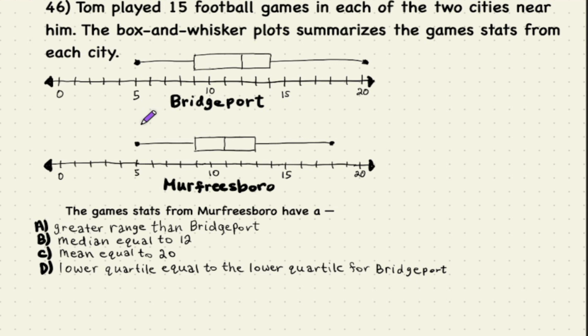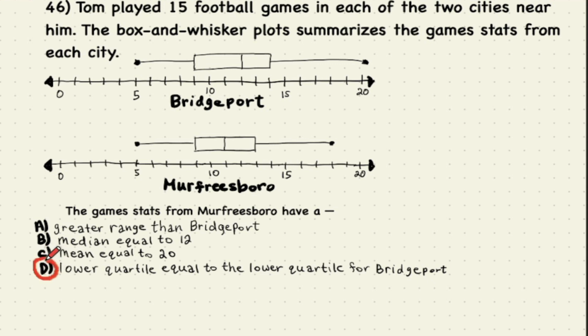Okay, so we can take a look to see what's mentioned for lower quartiles in the answer choices. So this is actually the right answer, answer choice D, because it says lower quartile equal to the lower quartile for Bridgeport. So Murfreesboro lower quartile is equal to the lower quartile of Bridgeport. So that's the correct answer.